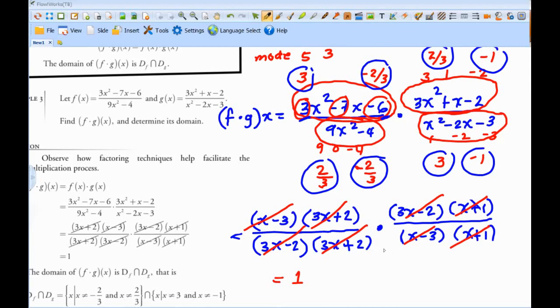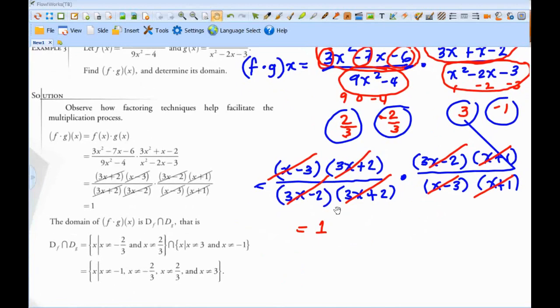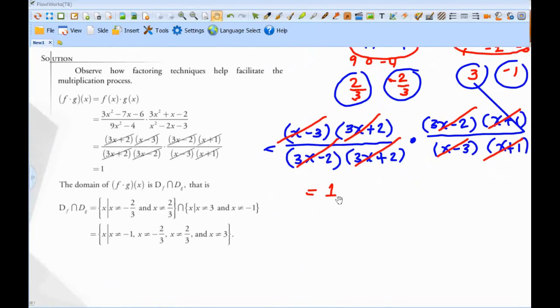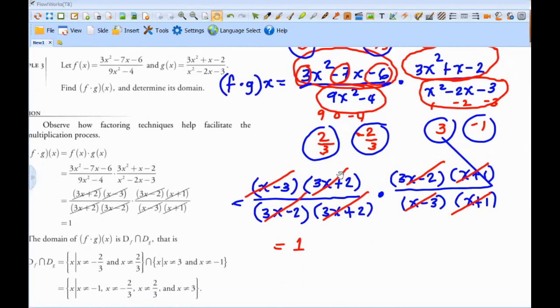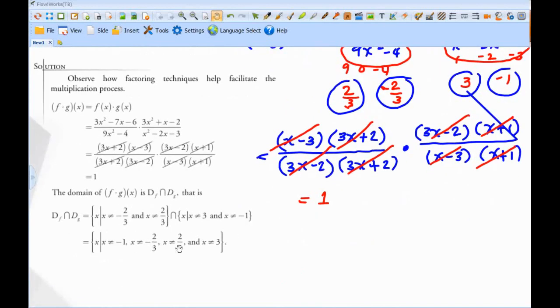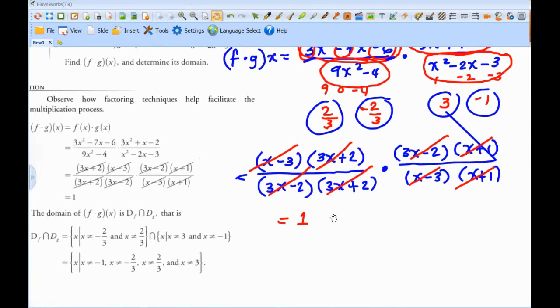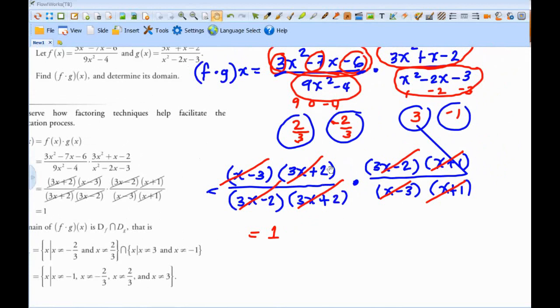So the domain is definitely everything, all real numbers, 1. But since we have our restrictions at the bottom, we can say that the domain is like this. So can it be negative 1? All of the numbers except those that are in the denominator. Okay?